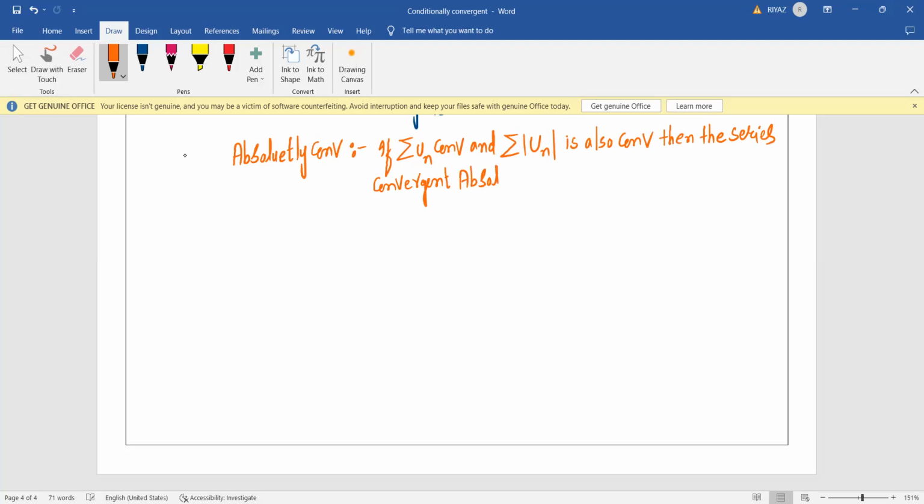So it means the nth term series is convergent, and if you take the modulus of the nth term, that also becomes convergent, then we say that the given series is convergent absolutely.